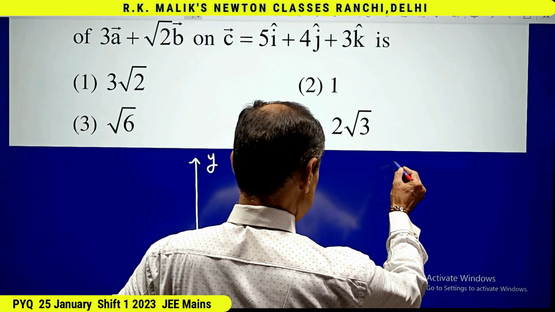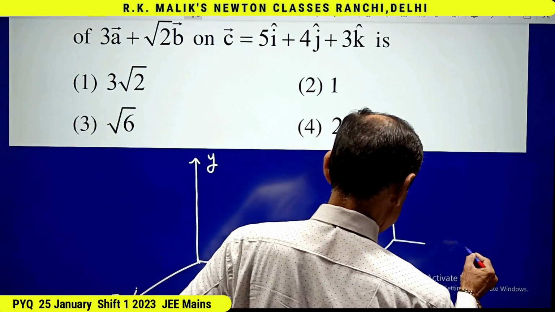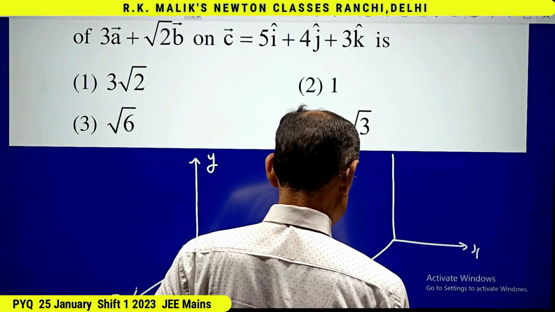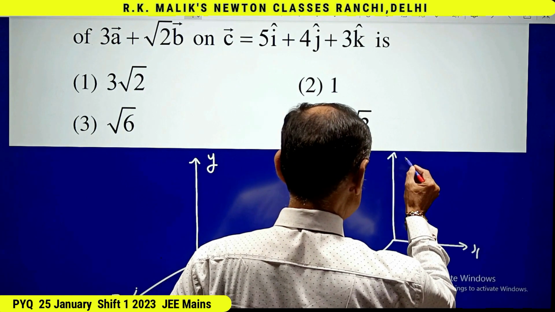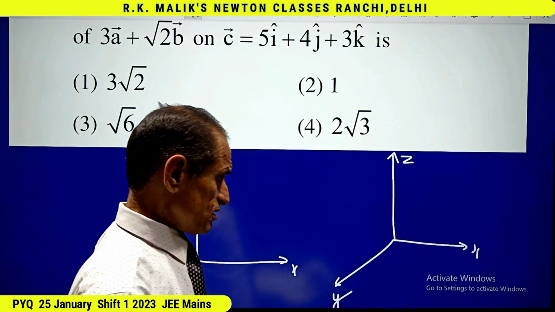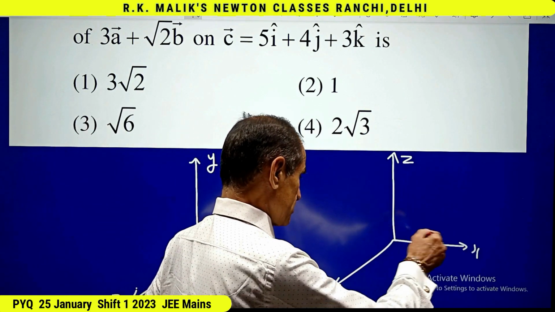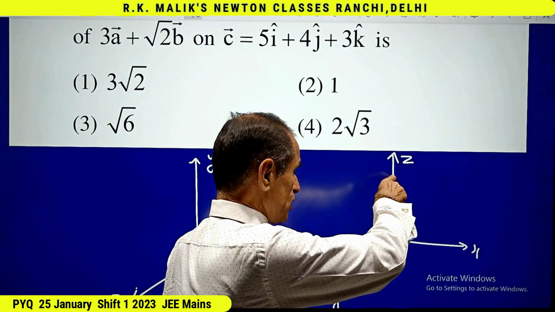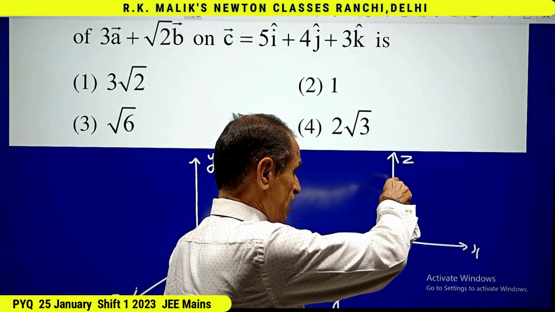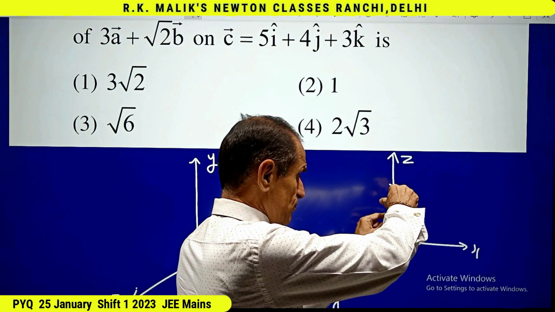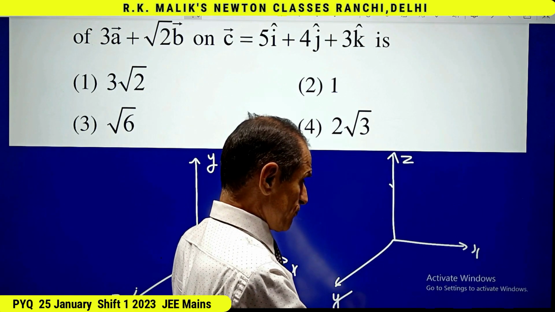If, for example, x, y and z are written like this, this is a wrong diagram, because if it is x-axis, y-axis and I put the screw in this way and rotate the screw from x-axis to y-axis, the screw will go down.